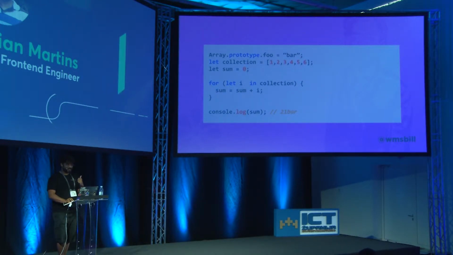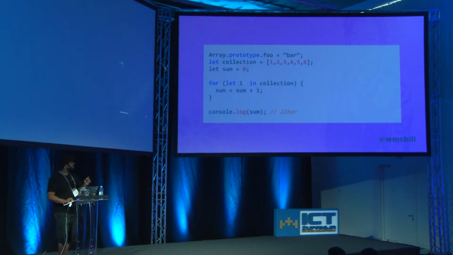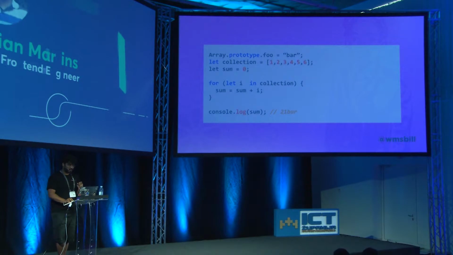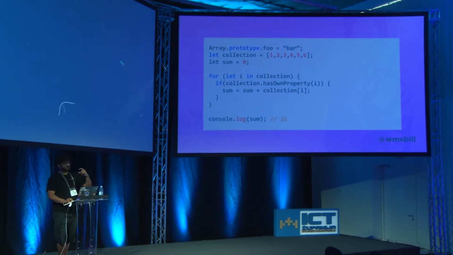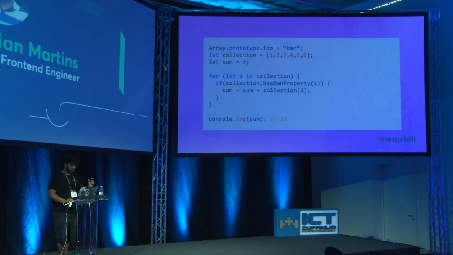You will have this issue that you are appending the string after the number. To prevent such a problem, we need to wrap it with the hasOwnProperty method on the object, to check if this is something that is on the object and not from the prototype chain.